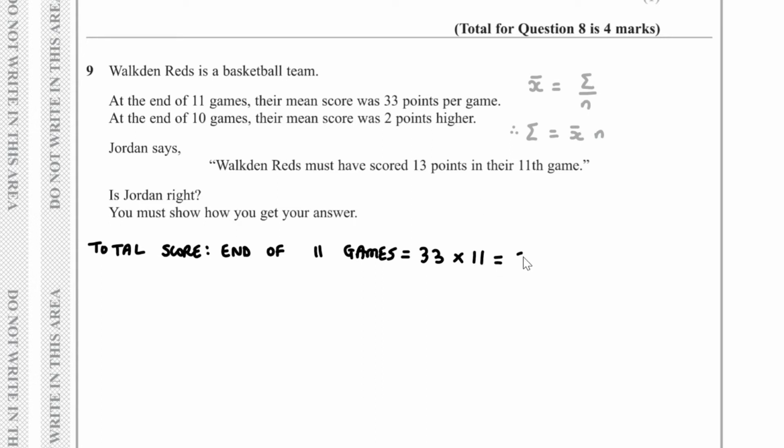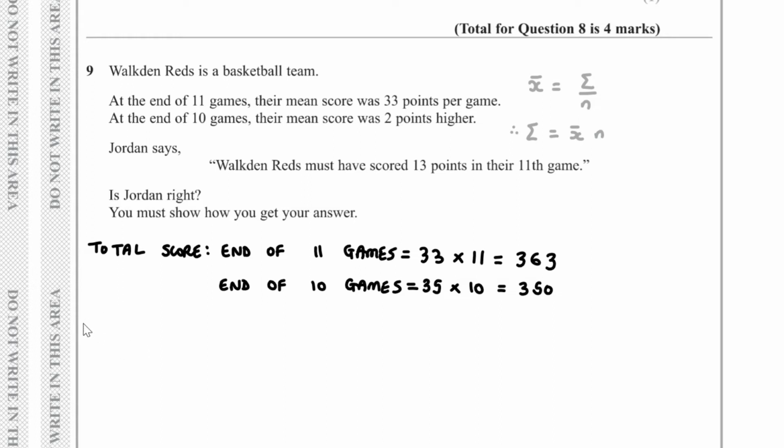It turns out here we get 363, and at the end of 10 games, well, if we score 2 points higher, then the mean is 35, because we've got 2 more, times 10, which is 350.